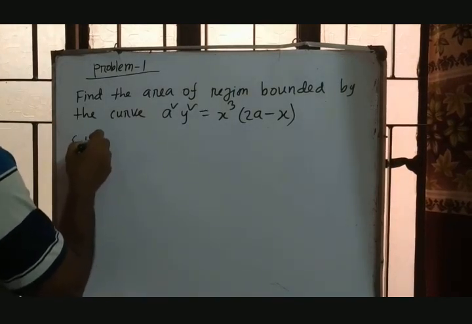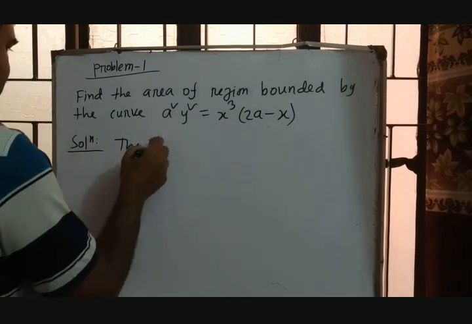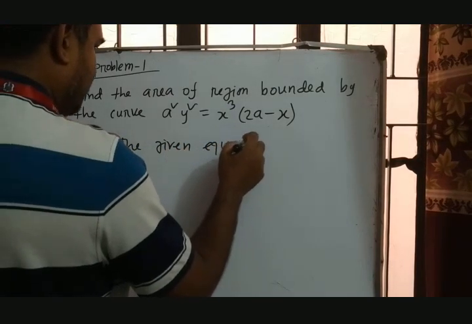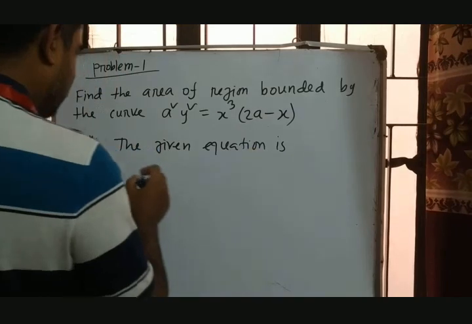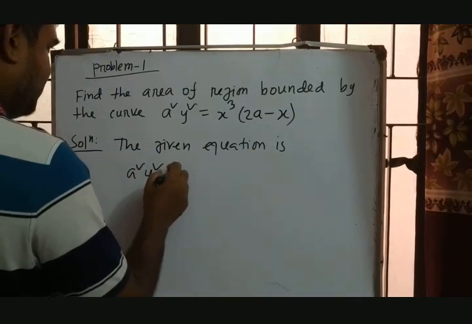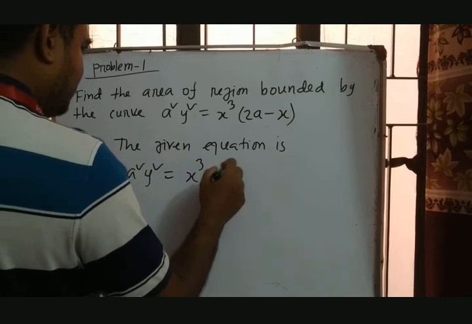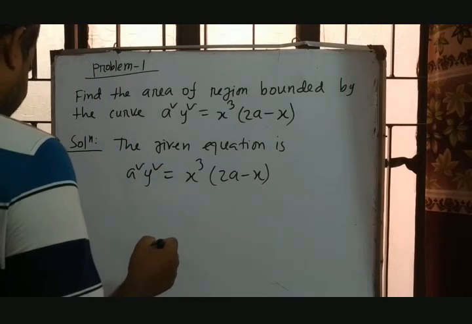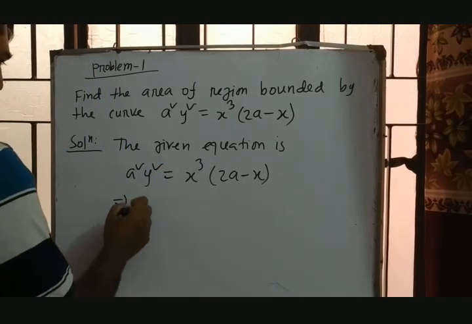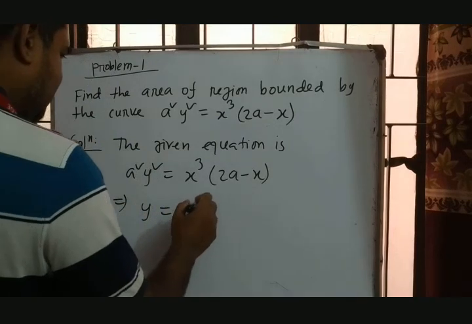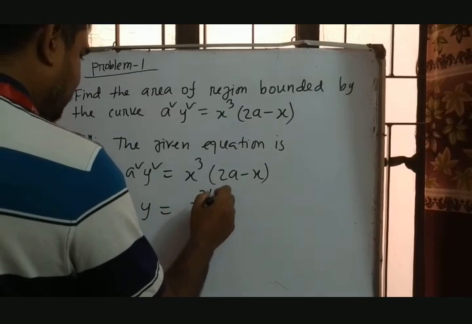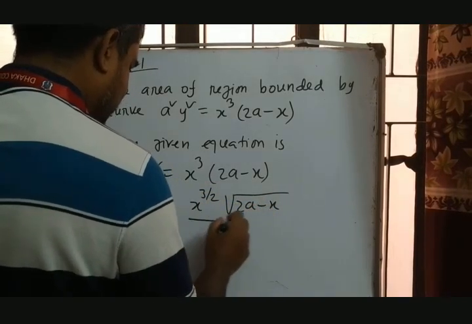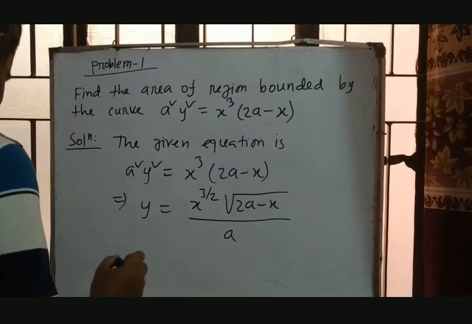Solution. The given equation is a square y square equal to x square times twice a minus x. We can rewrite this equation as y is equal to x to the power 3 by 2 root over twice a minus x divided by a.